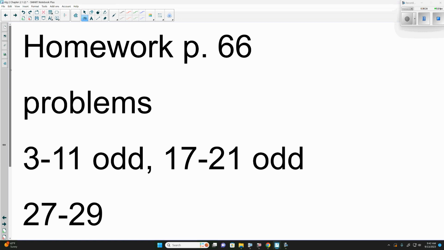That's all you're doing. 17 through 21 odd, describe the transformation. You don't have to graph it. 27 through 29 all, describe the transformation of the graph of the parent quadratic function.